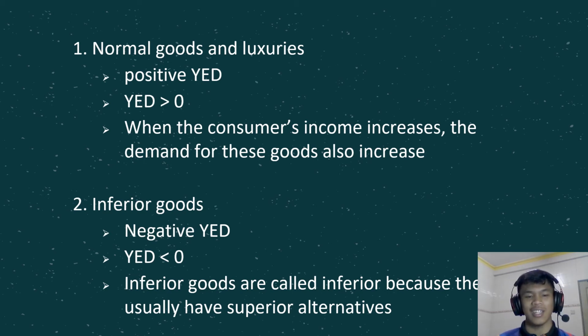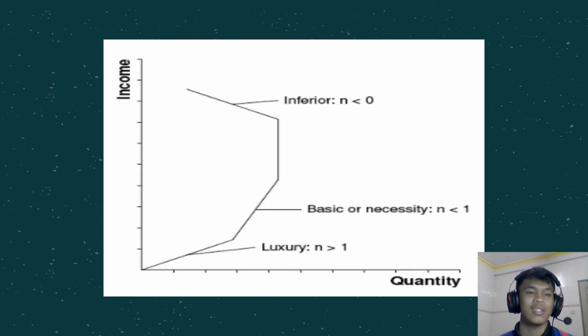The opposite is negative YED, which is for inferior goods, where the YED is less than zero. Inferior goods are called inferior because they usually have a superior alternative. This is the graph for income elasticity of demand, so you can learn about it yourself.